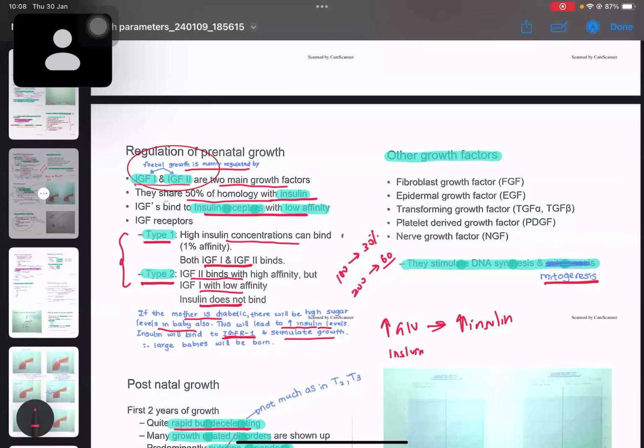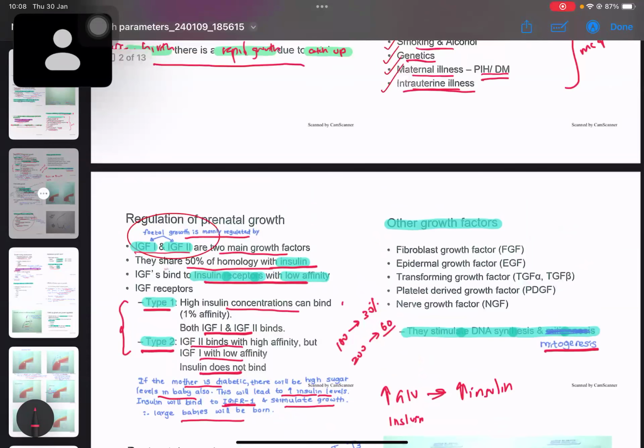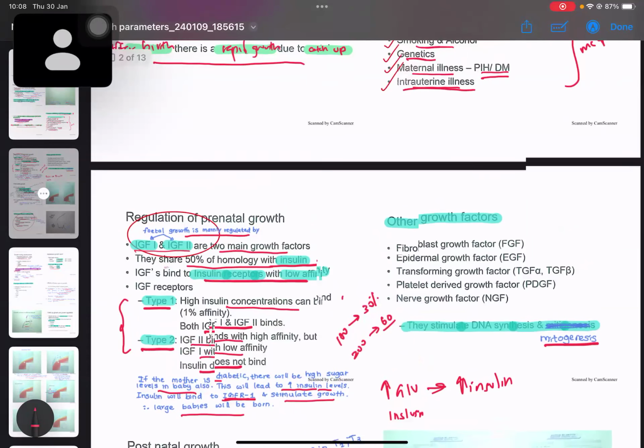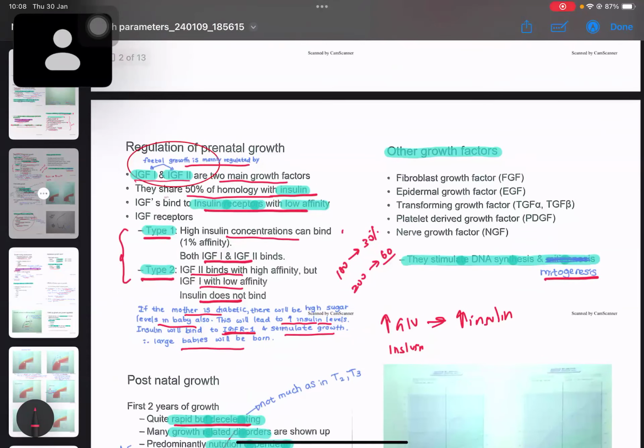So insulin will increase due to high glucose level, and it stimulates growth, and the babies will be larger when they are born. That's why I previously said intrauterine illness and the mother's illness will affect the birth weight and birth height of the baby. So that's why a macrosomic baby is born to GDM, diabetic mothers.